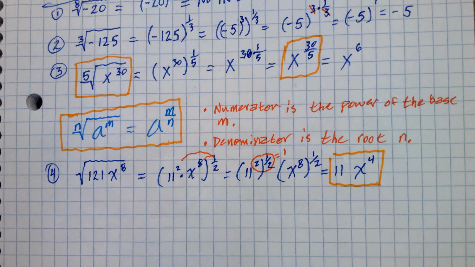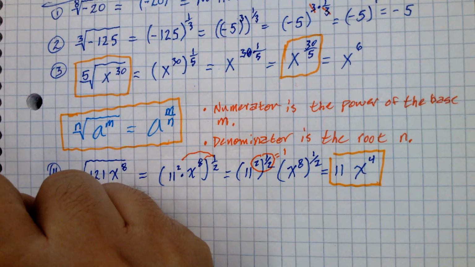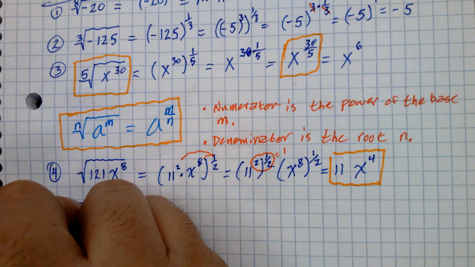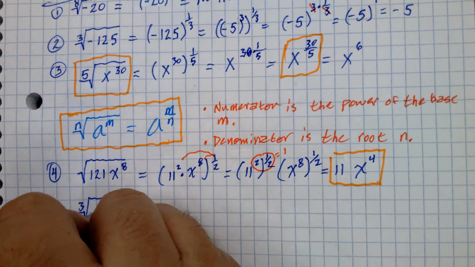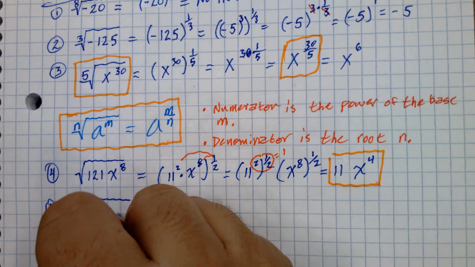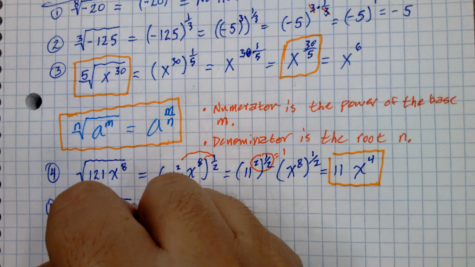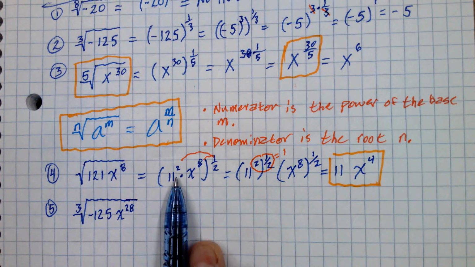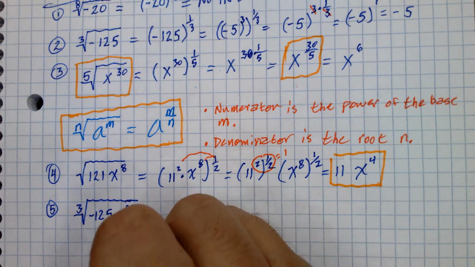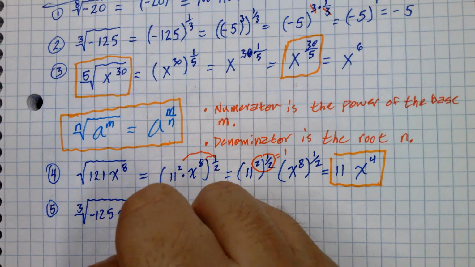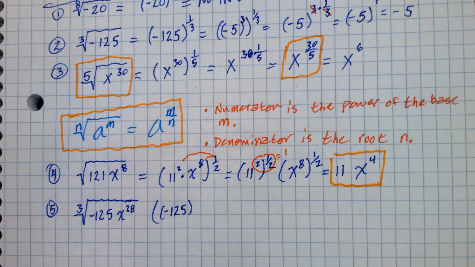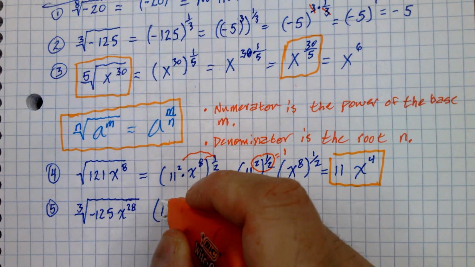Let's practice another one. Let's do the cube root of negative 125 x to the 28th. We're going to follow the same process. Negative 125, I put that in parentheses. What number times itself 3 times?